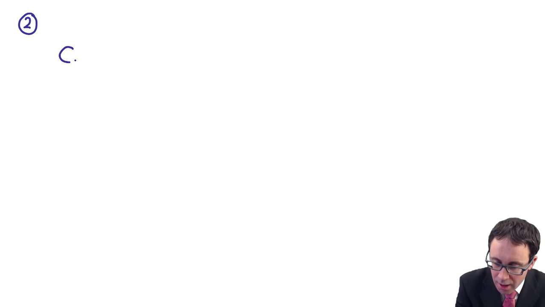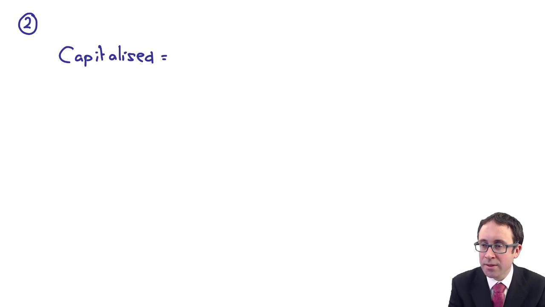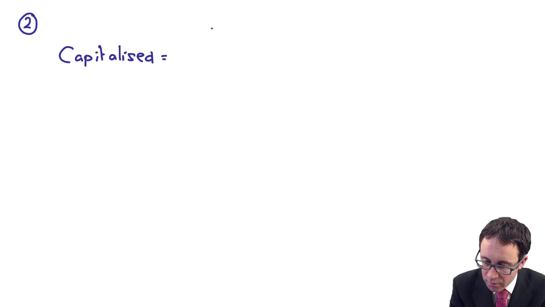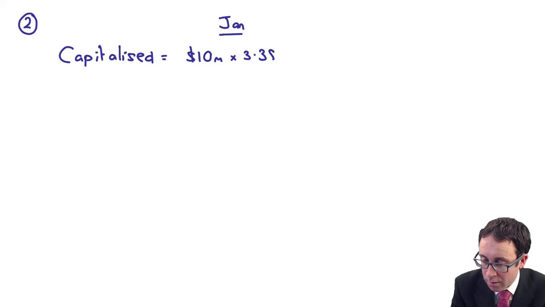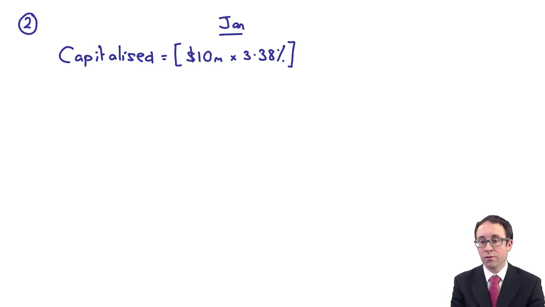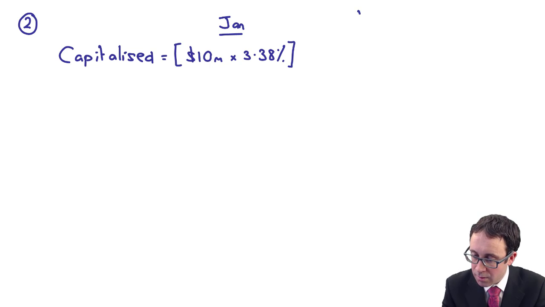So what's going to be capitalized? What we've got there is the loan that was taken out in January, 10 million multiplied by the 3.38%, because that's for the full 12 months.